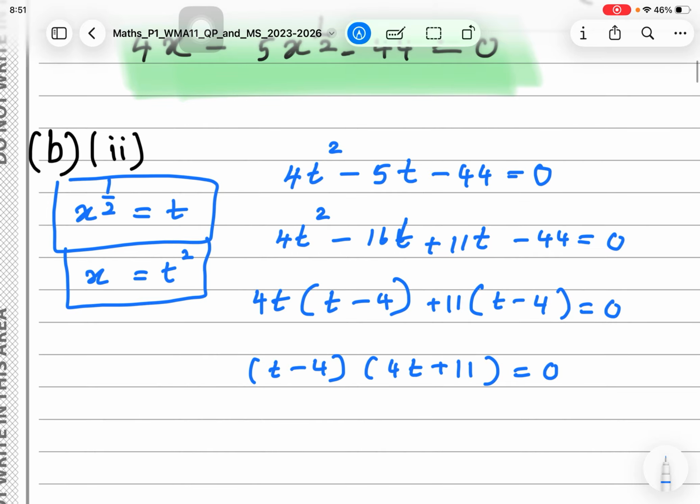So what are the options? One answer is t minus 4 equals 0, so t is 4. The other one would be 4t plus 11 equals 0, which is t equals negative 11 divided by 4.